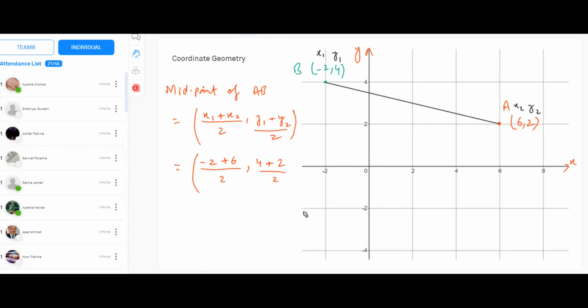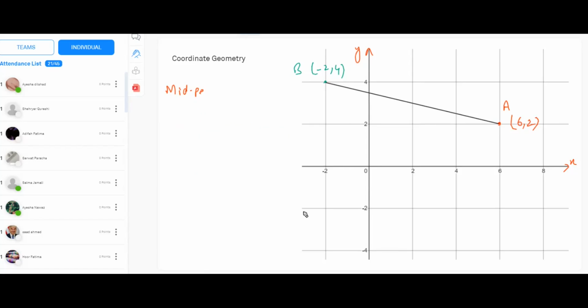Okay. What else do we need to know here? Gradient of a line joining 2 points. So gradient क्या होता है? Gradient basically tells you the direction of a line. Okay, gradient आपको क्या बताता है? It tells you the direction of a line.